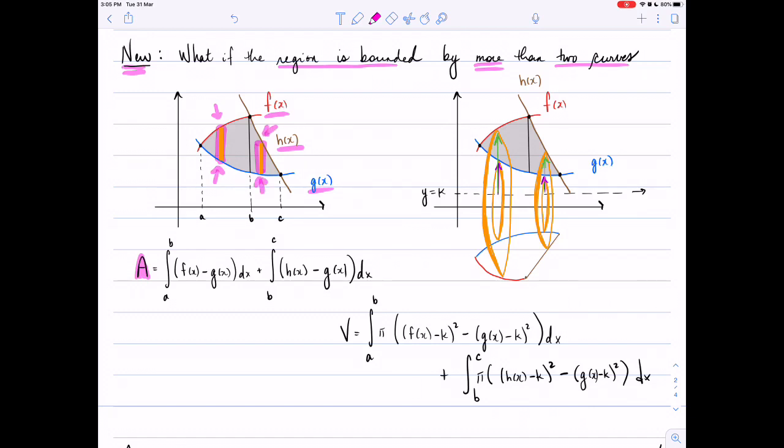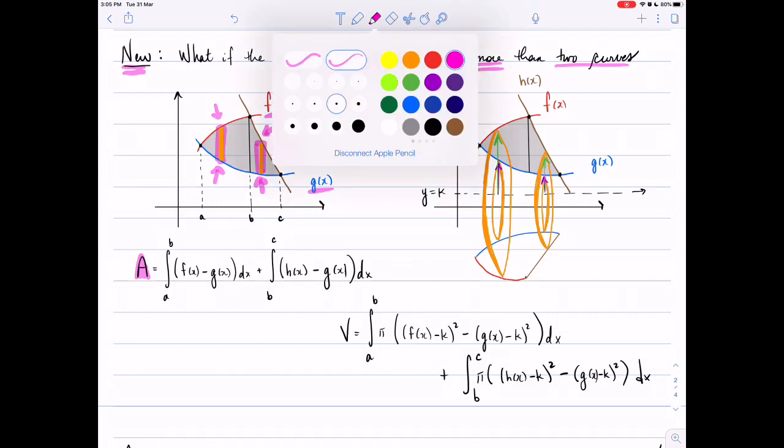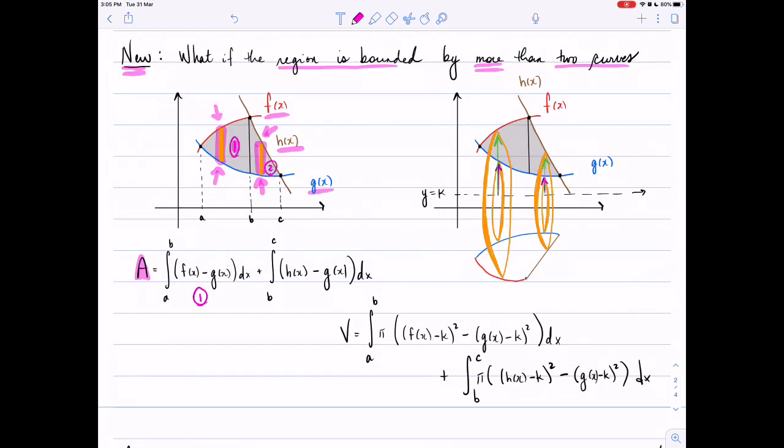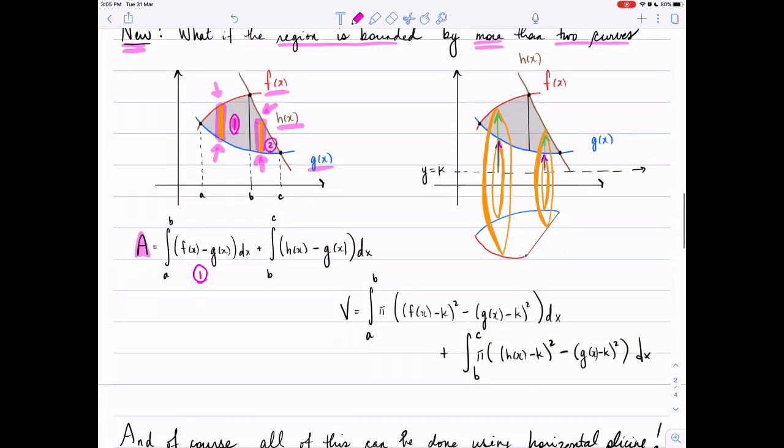And for every pairing that we had, for this region, all the rectangles in region 1, as I've drawn it here, are going to be between the blue curve on the bottom and the red curve on top. So all the rectangles in region 1 will be calculated by using top minus bottom, f of x minus g of x. Similarly, in region 2, the same thing happens, but the top values are now h of x. The h of x values are on top, and the g of x is still on bottom.